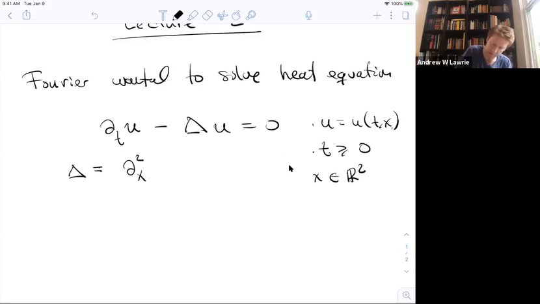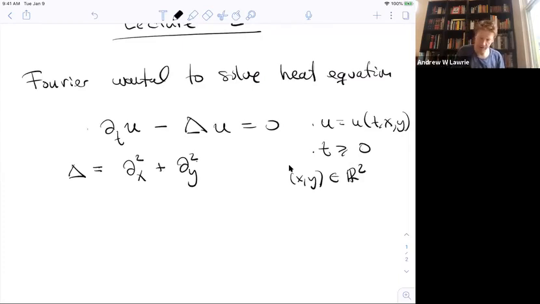It means take dx squared of u and then add that to dy squared of u. Oh, sorry, u is a function of t, x and y, where x and y are numbers, and the pair xy is in R2.